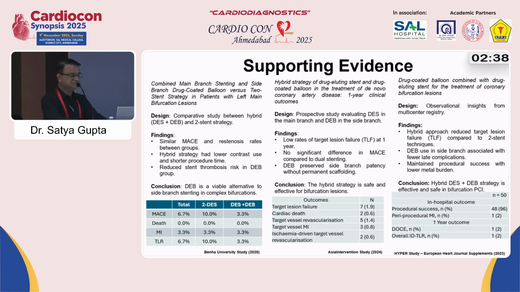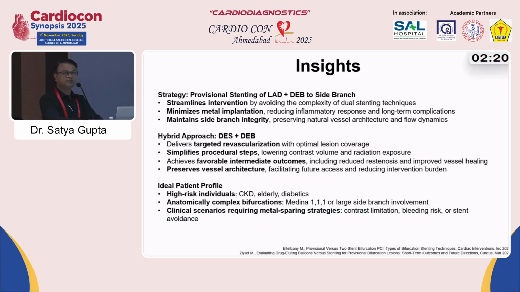The other trial, the Asian intervention data, suggested that target lesion revascularization and MACE are less if you do one stent and use the drug-eluting balloon in the side branch. So multiple data now are amazing, and in the coming time it will be very clear that for sick, very elderly patients with comorbidity, one stent in the main vessel, and the side branch can be tackled with the drug-eluting balloon.